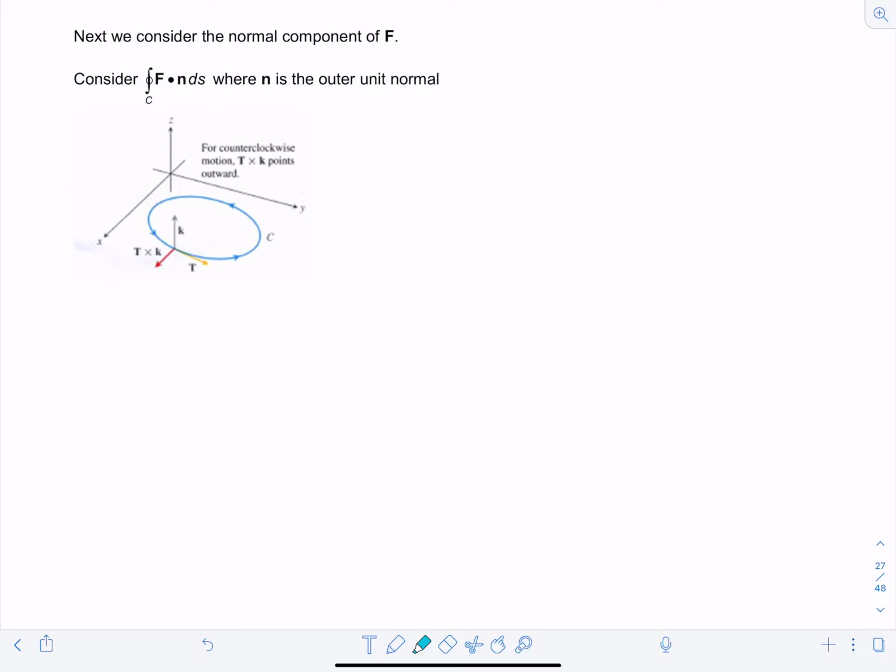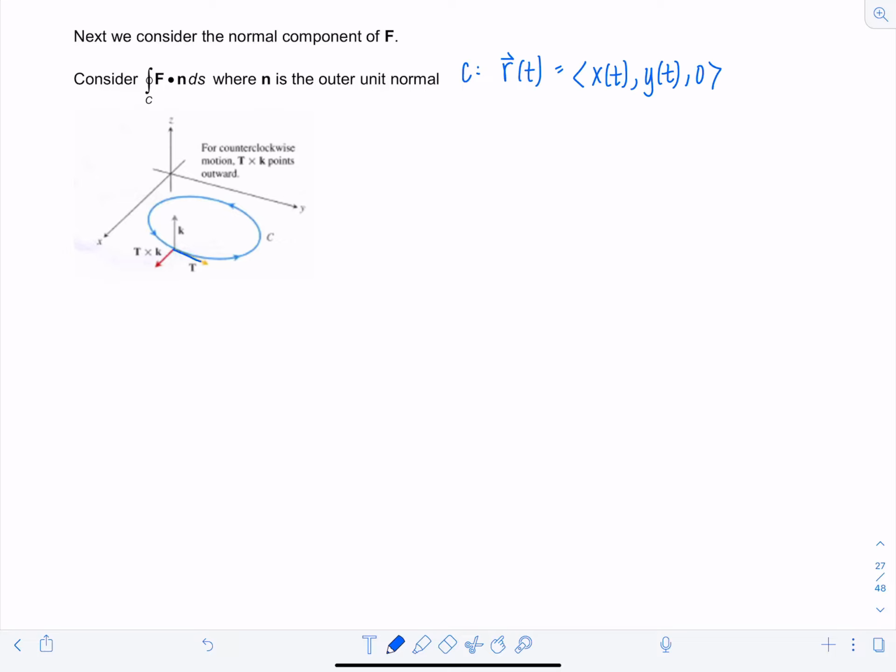So how would I figure out exactly what that outer unit normal is? Well, remember, you have some closed curve C in the xy plane, and assuming we can parameterize it, that means I can write my curve C as some r of t with components x of t, y of t, and then the z component would be 0, right?